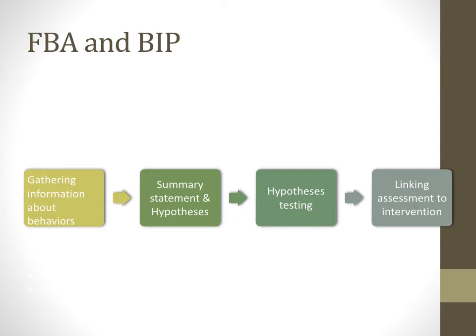It's called a hypothesis, right? So you will come up with a hypothesis, and then you have to test to see if your hypothesis is true. And then that information will be linked to the intervention plan. It's called BIP. So those are the things we are going to talk about today.